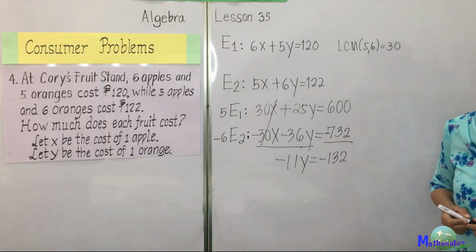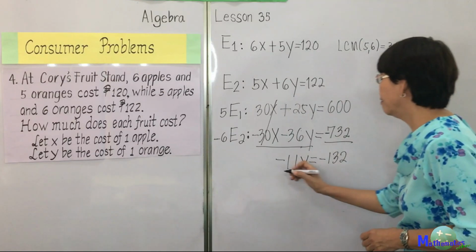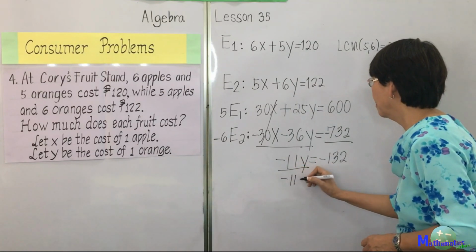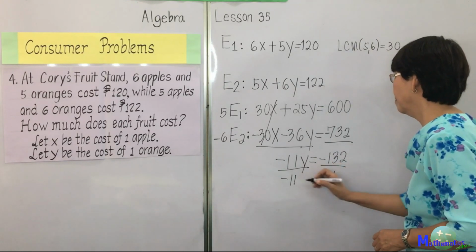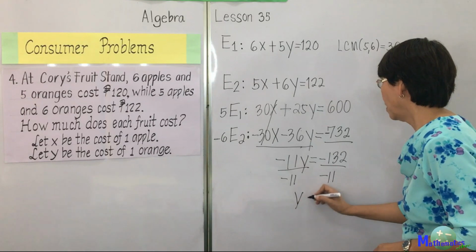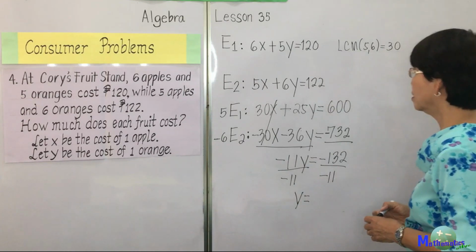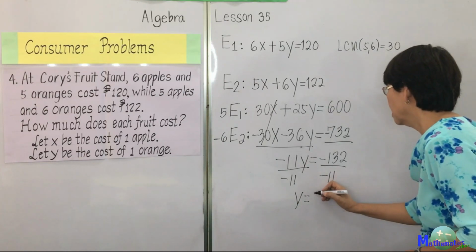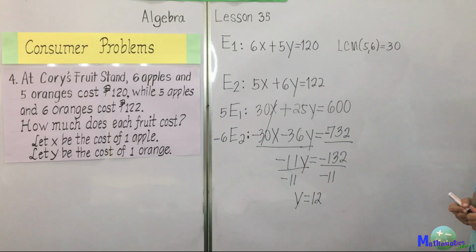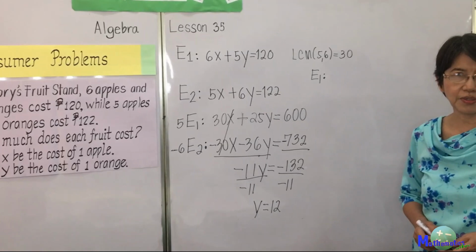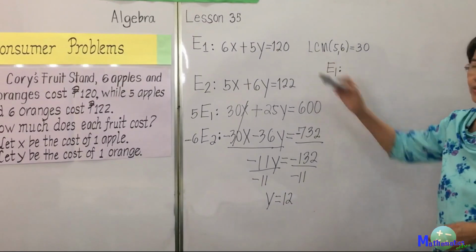Dividing both sides by negative 11, we have y is equal to 12 pesos. So we substitute y is equal to 12 in equation 1.